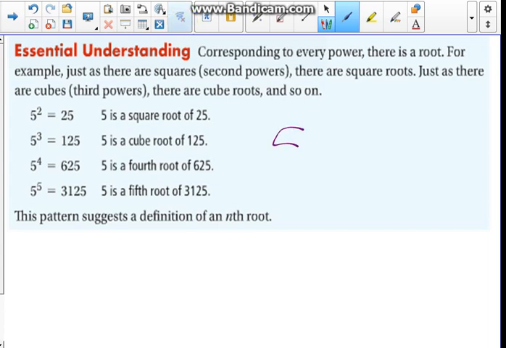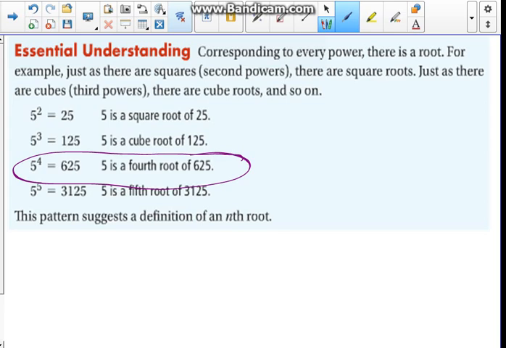And if I have 5 cubed equals 125, then 5 is a cube root of 125. And for 5 to the 4th power, 625, we can say 5 is a 4th root of 625, and so on and so forth.